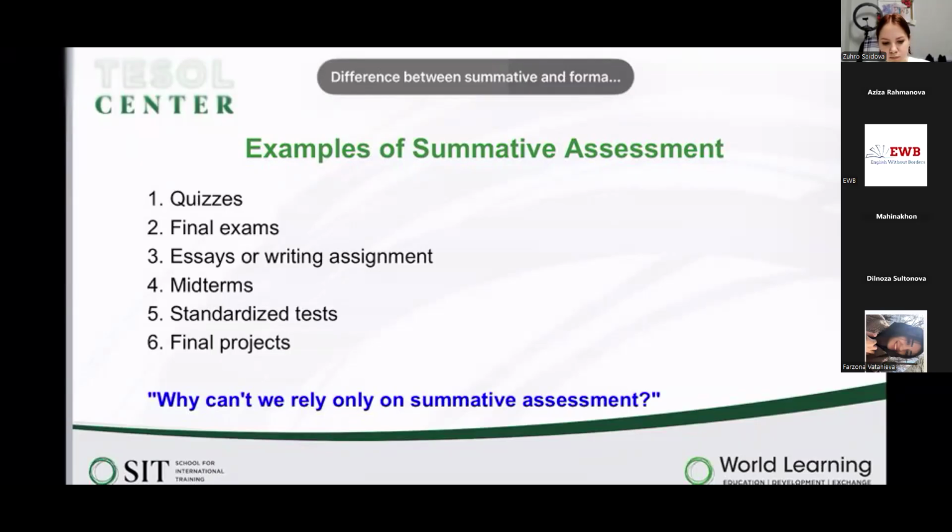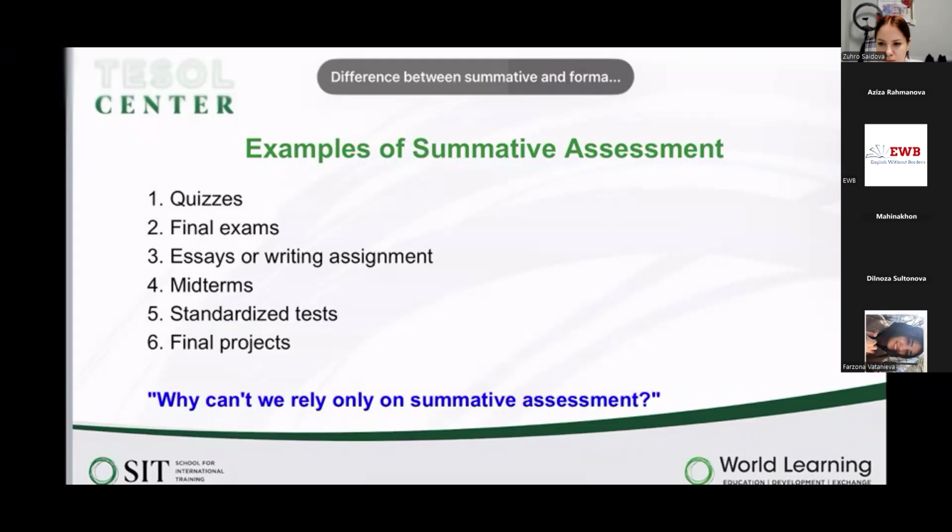We can't rely only on summative assessment, because maybe different students have different levels, and some students might be good at writing assignments, but others might be better at speaking. So we can't rely only on summative assessment.